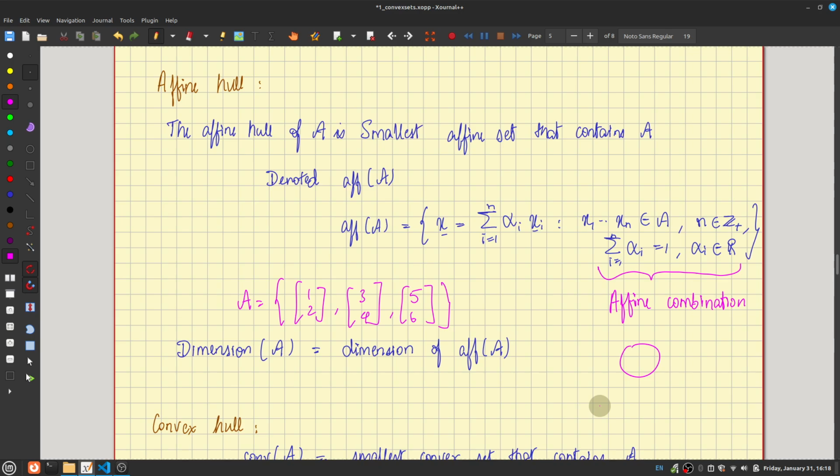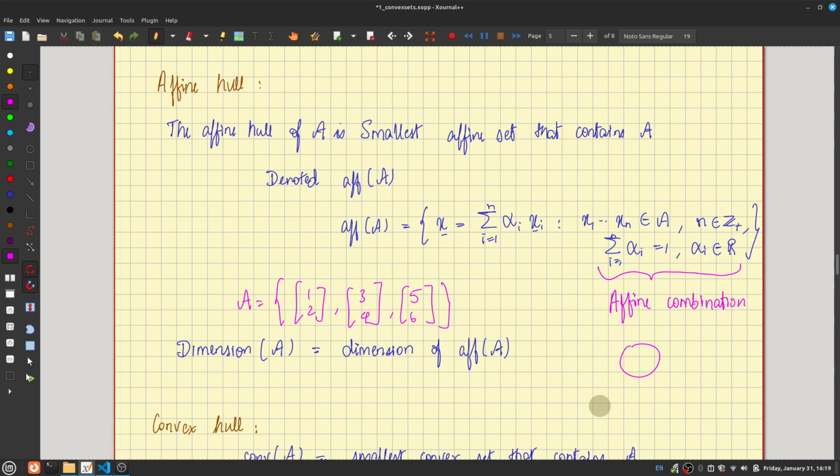The affine hull would just be the plane that contains the ring, right? So what would be the dimension of this ring? 2, right? Because the affine hull is a plane in 3 dimensions, correct?